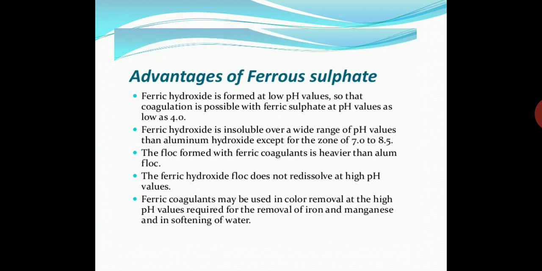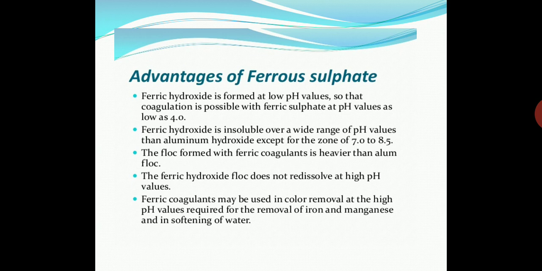The other advantages are those of ferric sulfate: ferric hydroxide is formed at low pH values, so coagulation is possible with ferric sulfate at pH values as low as 4. Ferric hydroxide is insoluble and can be easily removed. The floc formed with ferric coagulants is heavier than alum floc.